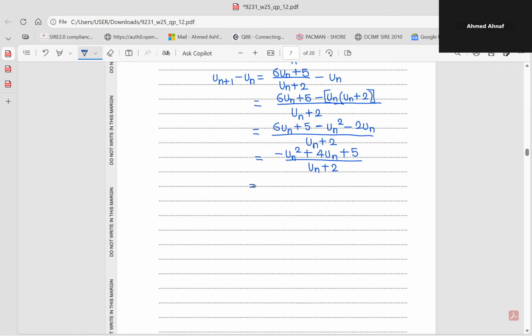Let's factor out the negative 1 from the numerator. So minus (un squared minus 4un minus 5) over un plus 2. Let's try to factorize.